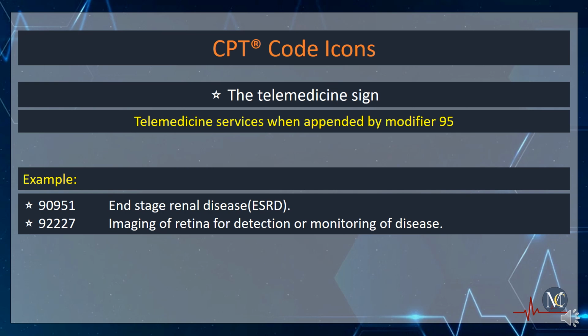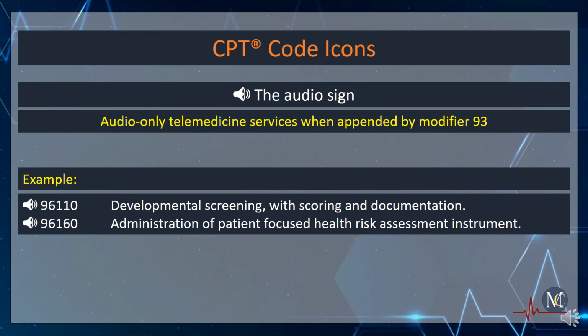And when we use these codes, we use modifier 95. Our next icon is the audio sign. It means that the patient and the physician communicate with each other via telephone or audio-only services. And when we use these codes, we use modifier 93.